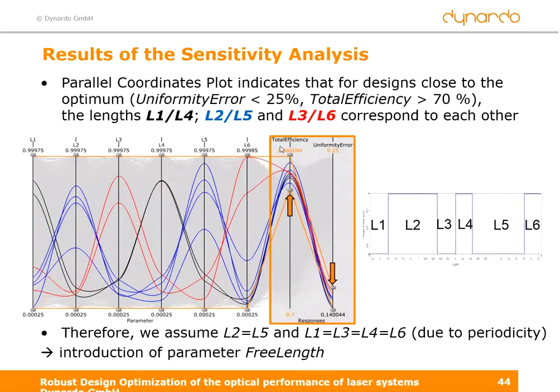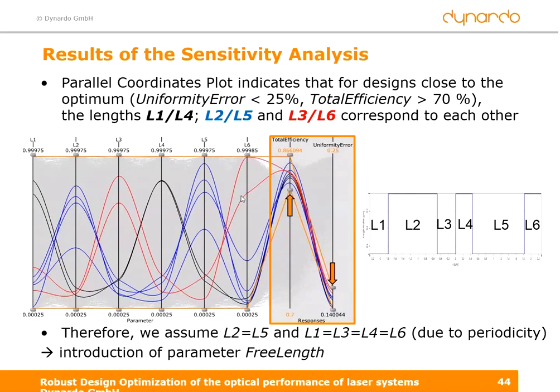So we actually wanted to see what happens for a high total efficiency and for a low uniformity error. And we saw that indeed there is something interesting, because the lengths L1 and L4, as well as L2 and L5, and also L3 and L6 correspond to each other somehow.